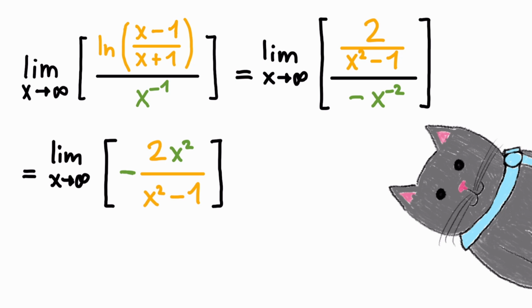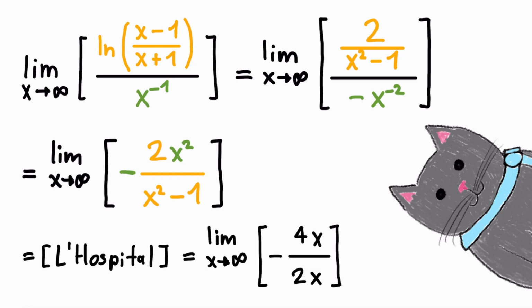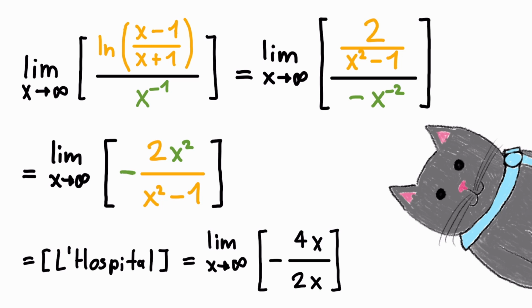Since this again results in an infinity divided by infinity situation, we can again apply L'Hopital's rule. This time, the derivatives of the functions in the numerator and the denominator are simple polynomials, resulting in the limit of minus 4x divided by 2x as x approaches infinity, where the x cancels out and leaves us with the solution of minus 2. Therefore, the value of the limit from the beginning is minus 2.